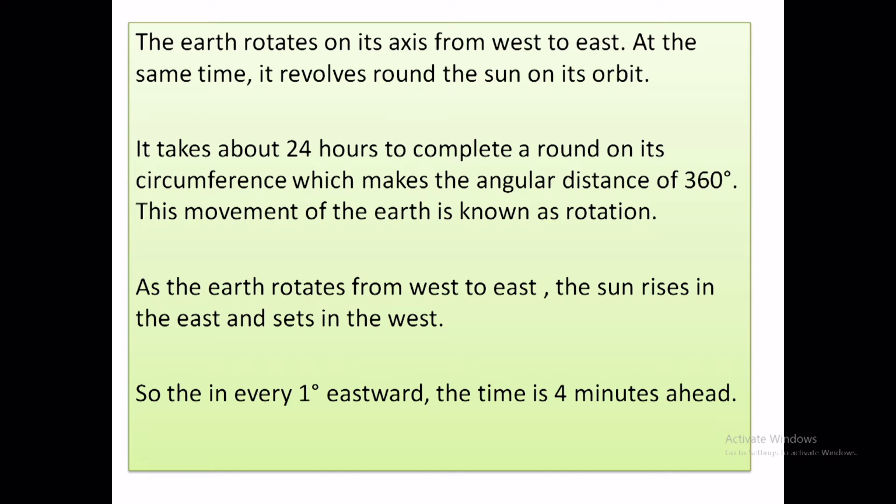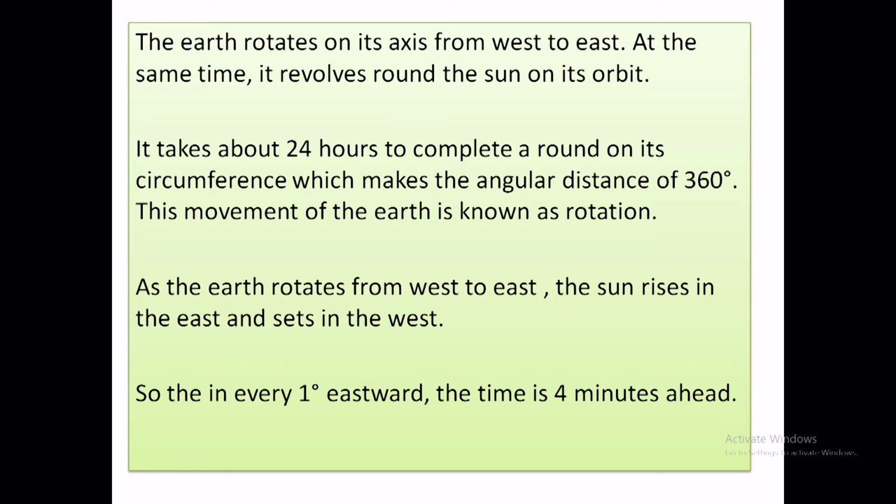And one more fact that you have to know here is that as the earth rotates from west to east, we see the sun rising in the east and setting in the west.